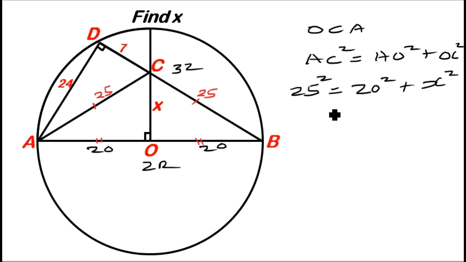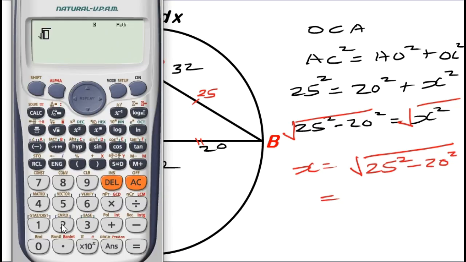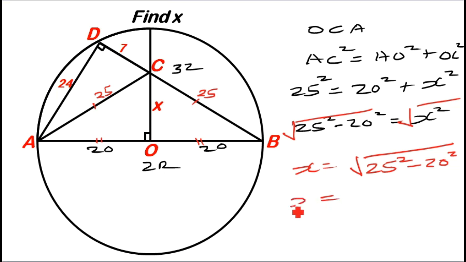If you make x squared the subject of the formula, we will have 25 squared minus 20 squared equals x squared. For you to get x, you simply look for the square root on both sides of the equation. So x is the square root of 25 squared minus 20 squared. If you work that out, you get x is 15. So we found the value of x is equal to 15 units.